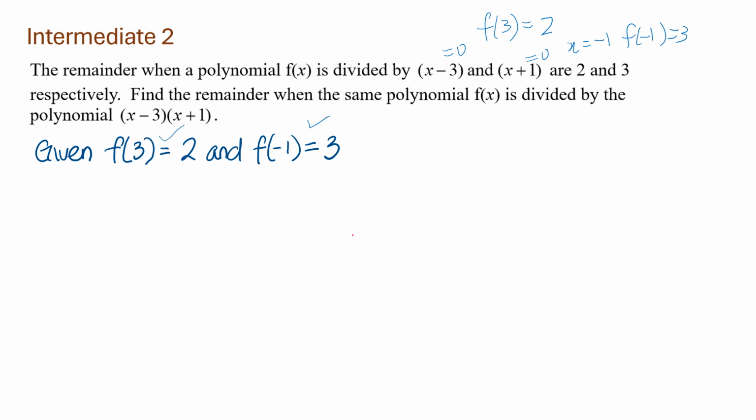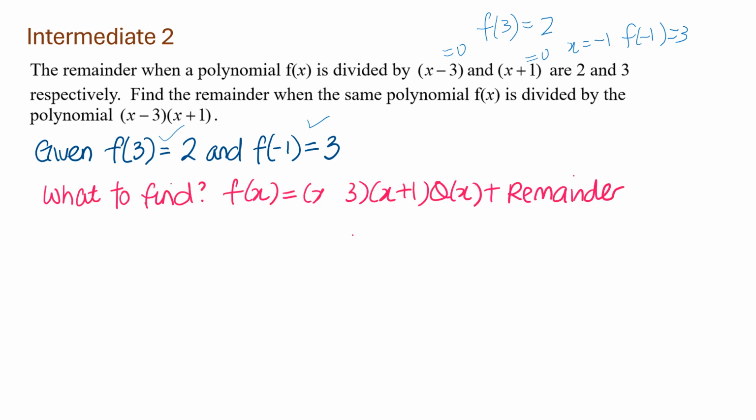Right, the next question we need to ask ourselves is, what is it that you need to find? What you have been told in the question is that this polynomial f(x) is divided by this polynomial, which is a quadratic polynomial. If you expand it, you will get x squared minus 3x plus x minus 3.